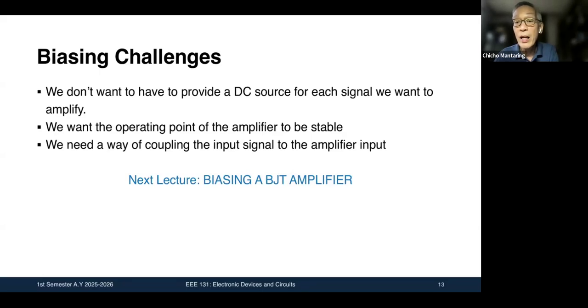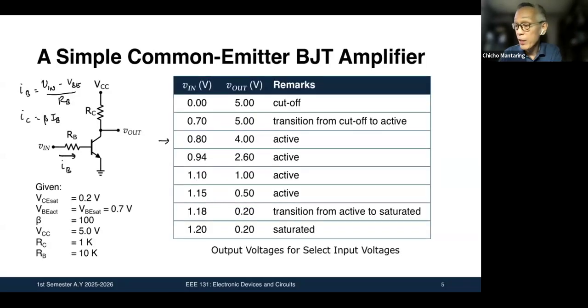Okay, so the question is, how come the gain increases when we decrease RB? No? So let me go back to the circuit of my amplifier. Okay. If I decrease RB, what will happen to IB? Will it increase or will it decrease?